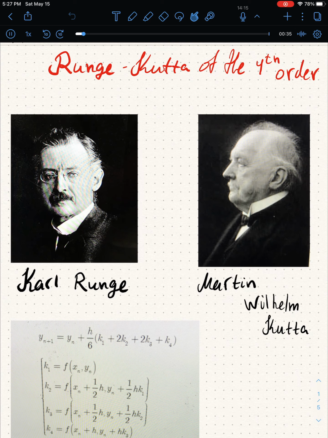That method was discovered by two German mathematicians, Carl Runge and Martin Wilhelm Kutta. I guess that's how it went in Germany 200 years ago, they were just bored and they decided to be mathematicians.